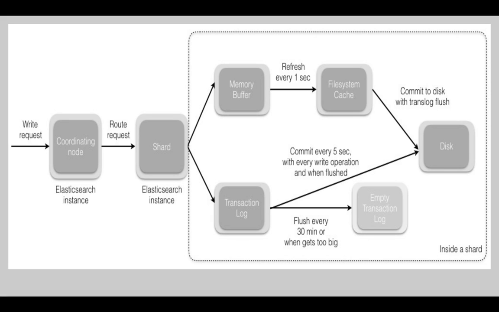Then it routes the request to different shards in your instance. Inside a shard, we have multiple processes going on. In the background, you can see we have a memory buffer and a transaction log.